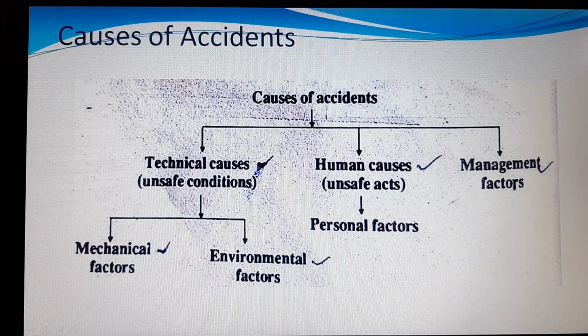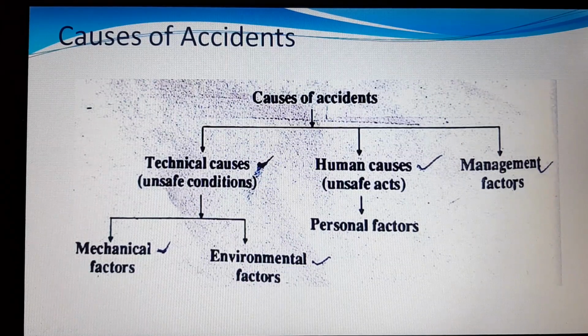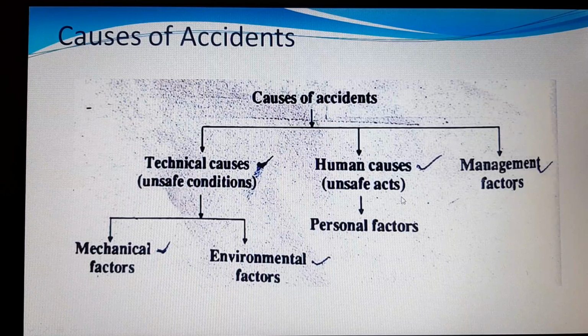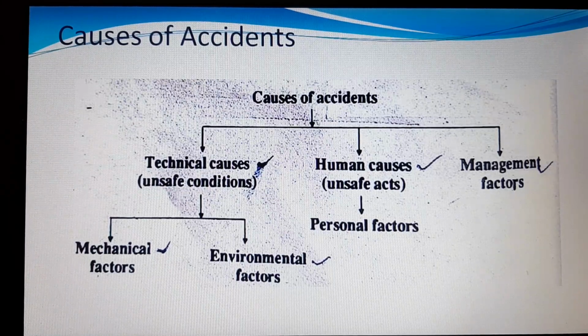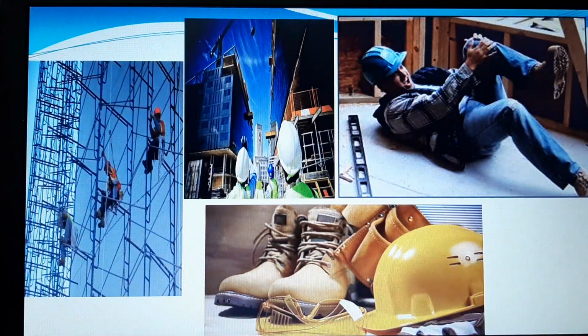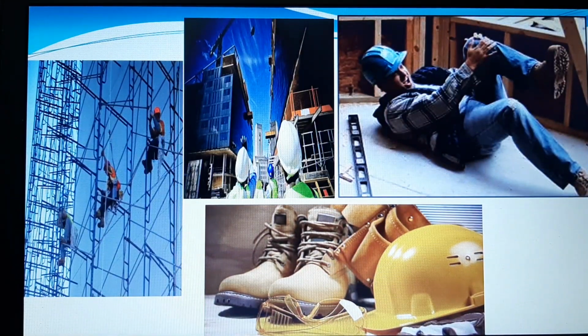The technical causes are mainly unsafe conditions due to mechanical or environmental factors, and the human causes are mainly unsafe acts, because of the attitude that human beings have, which varies according to the person, so that comes under personal factors. We come across these types of situations in our construction sites.